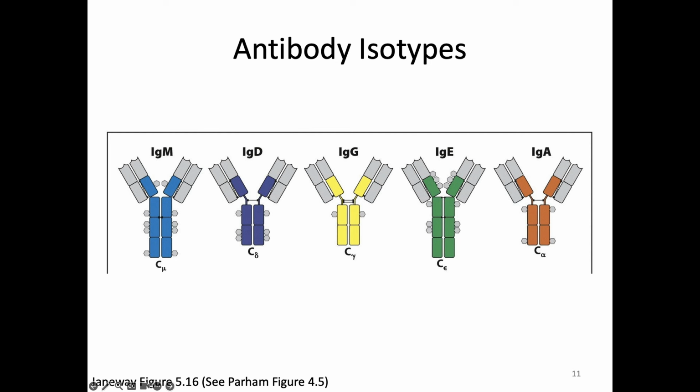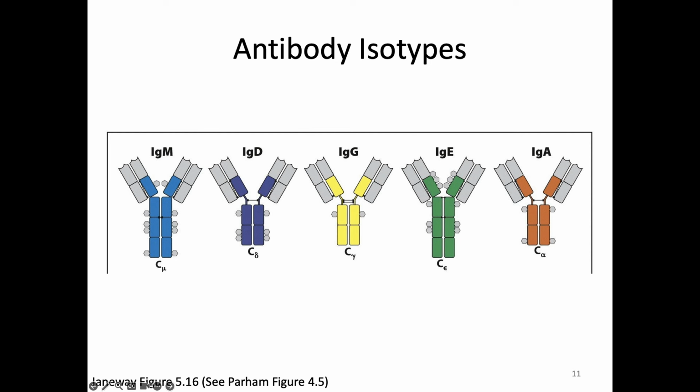The variable region is what binds to antigen. The constant region is what allows the antibody to actually do something. It's what allows the antibody to have its function and deal with a pathogen. And that's going to come up much more later.